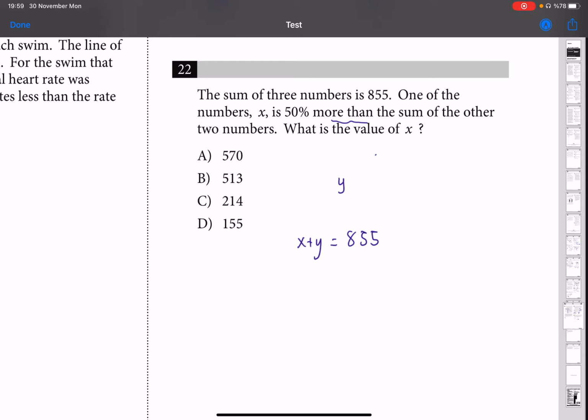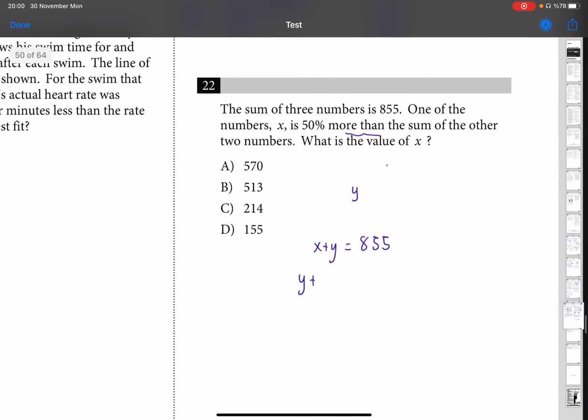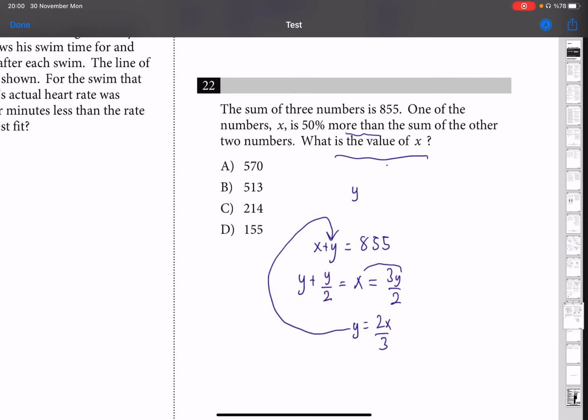And the other information is x is 50% more. So y plus y and a half equals x, which is equal to 3y over 2. What is the value of x? So let's leave the y alone, y equals 2x over 3, and substitute in here.